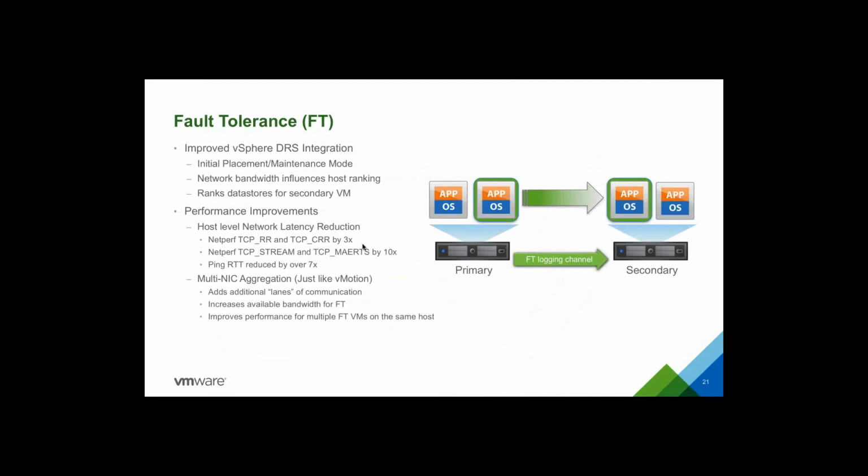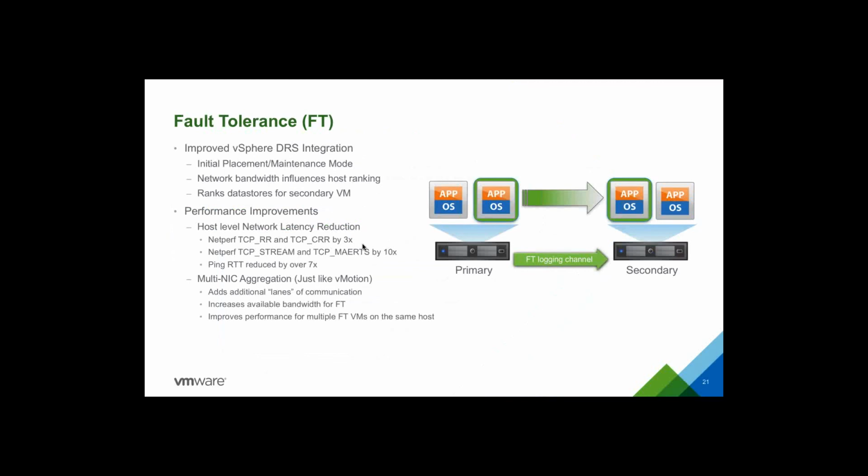So that hasn't changed. However, we've made some functionality improvements where we now integrate better with DRS when doing FT VMs. When you enable FT on a virtual machine, it's going to reach out to DRS and ask, okay, where is the best place to put the secondary VM?